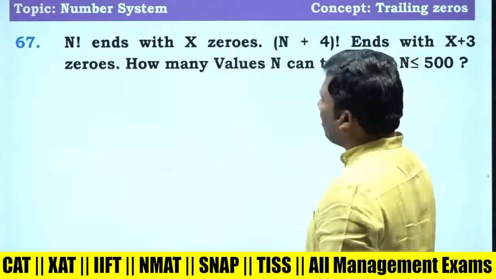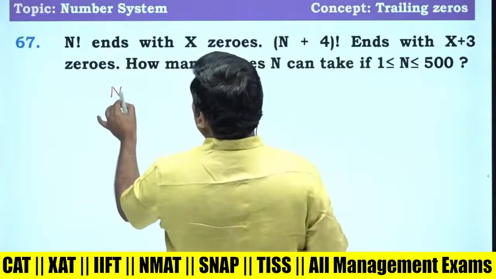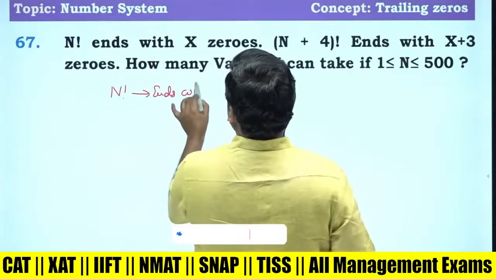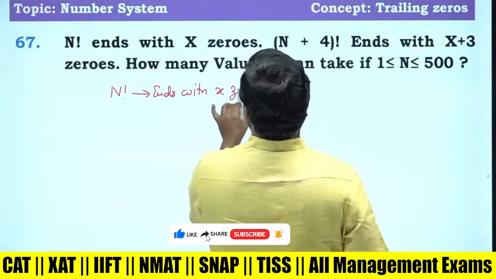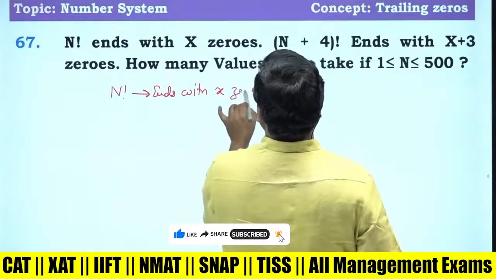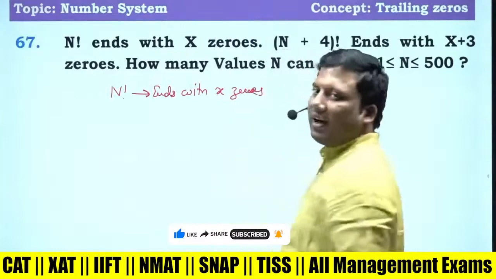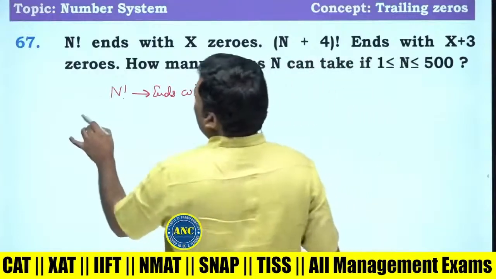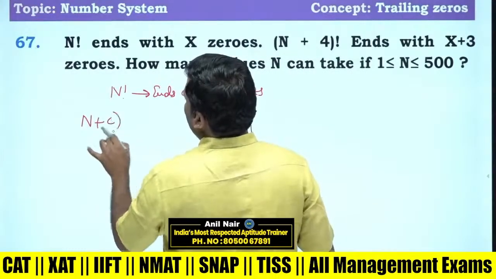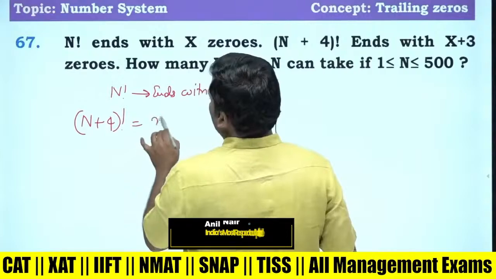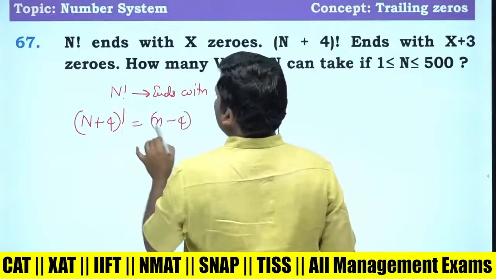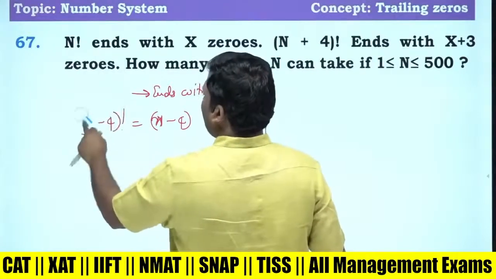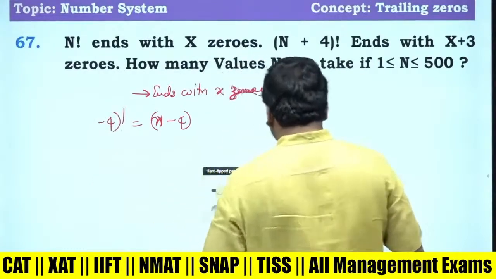Another one. Read the question. N factorial ends with x zeros. N plus 4 factorial, let me take all small, n plus 4 factorial.